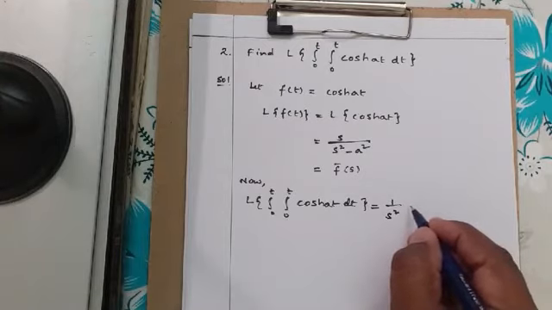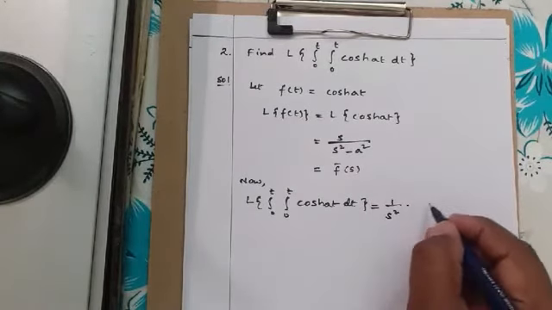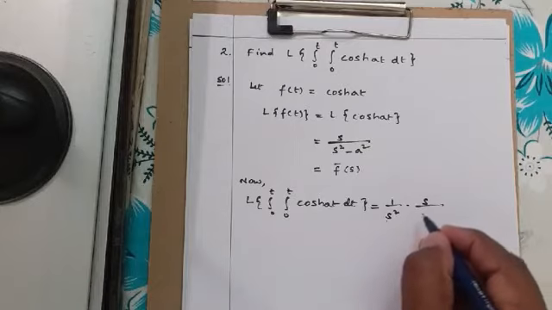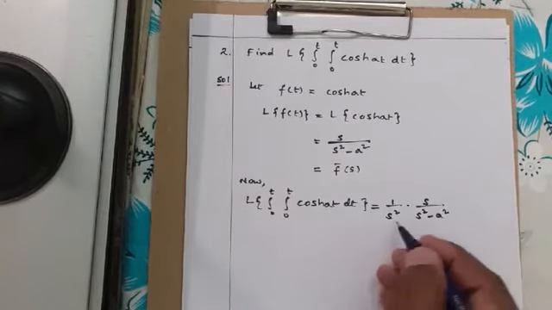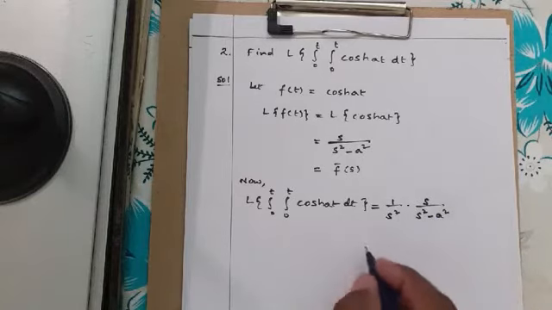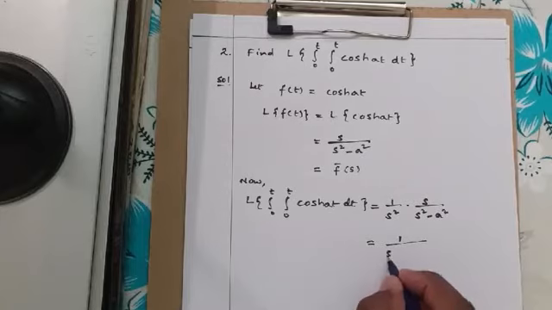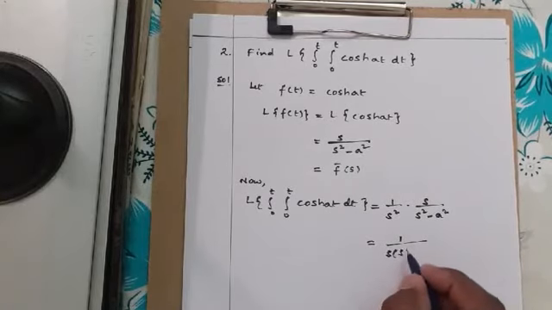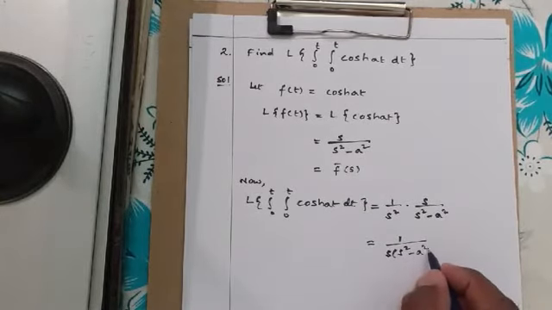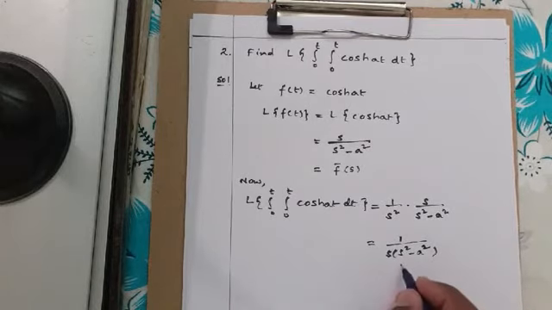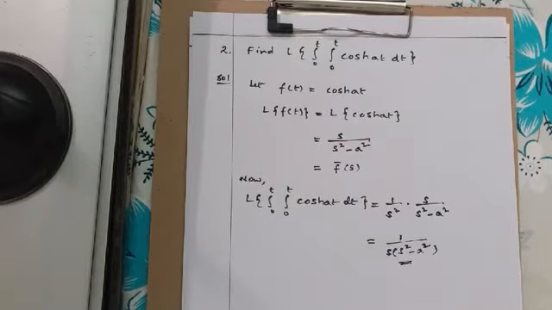F bar s is nothing but s upon s square minus a square. Now you can cancel s and s, so you get 1 upon s into s square minus a square. So hence the answer.